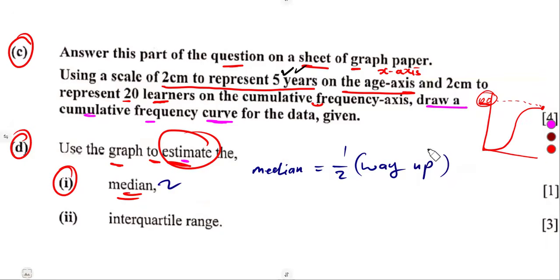So the position for our median is halfway up, meaning half of 100 as we have got it. That was going to be 50, meaning the 50th position is where our median is supposed to be found. From the 50th position, as we go up from 0 to 50, then we must trace from the graph the corresponding value.